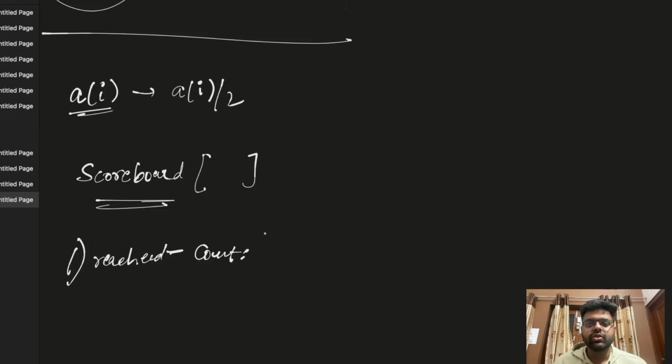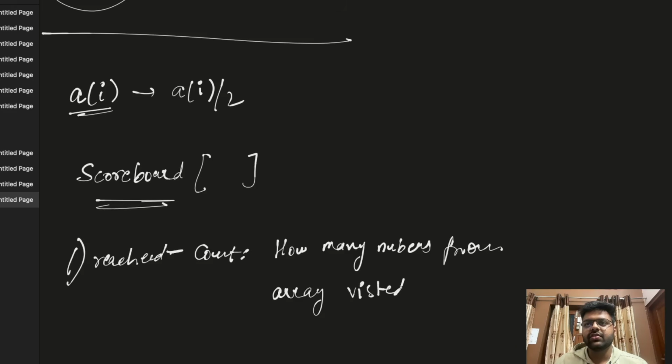What does this reach count mean? That is how many numbers from the array visited a particular value v. Let's suppose this particular value is defined as v.